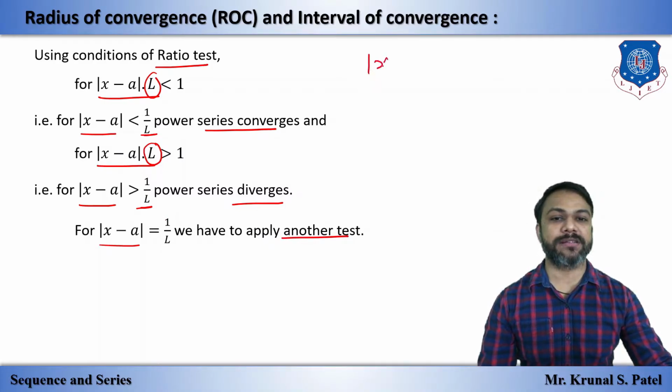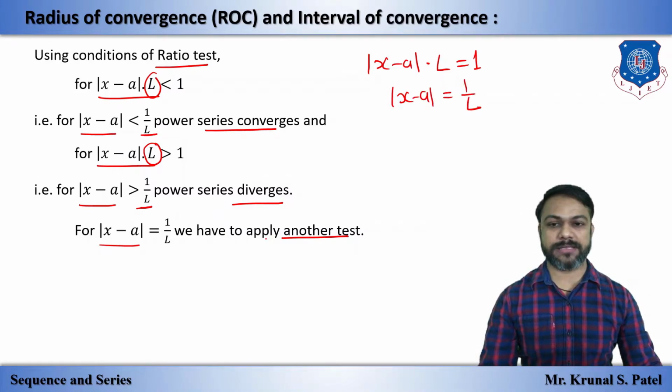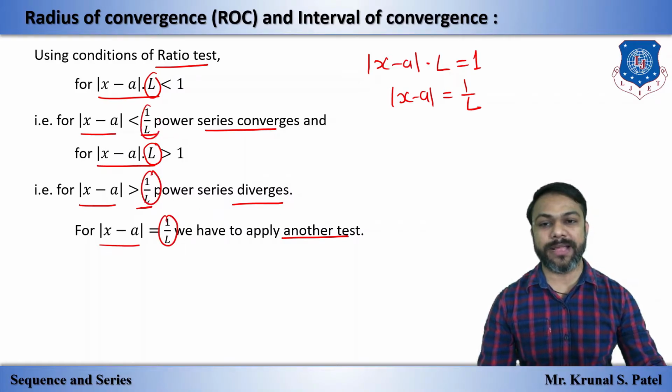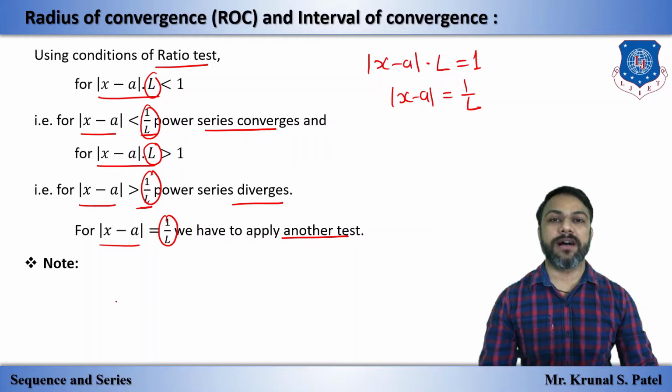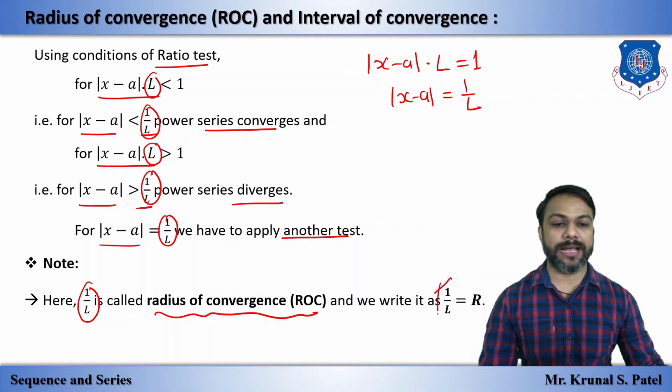Because x minus a into L is equal to 1, so x minus a is equal to 1 by L. Here this 1 by L is our radius of convergence, called capital R, ROC.